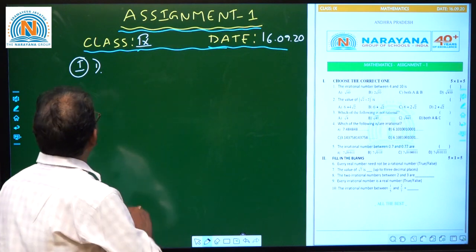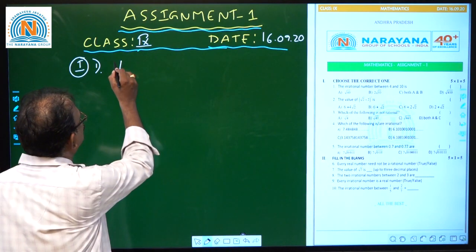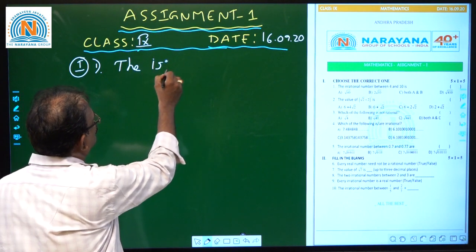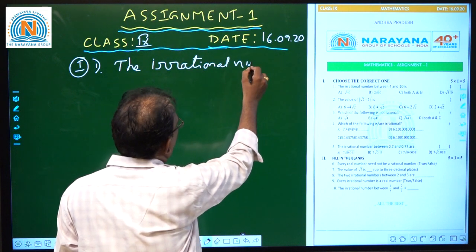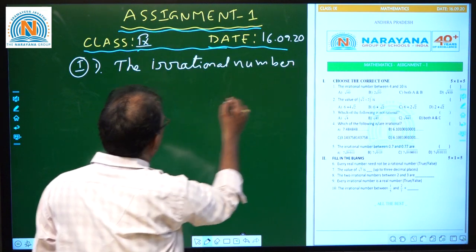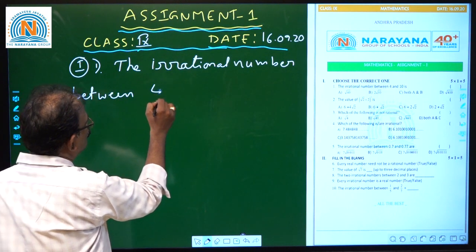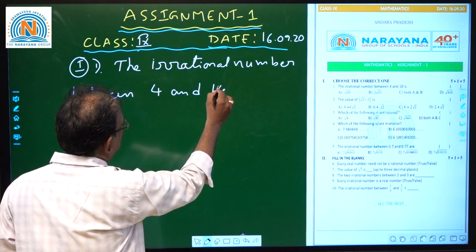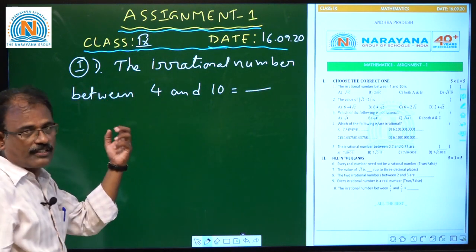For the first one of the first Roman: the irrational number between 4 and 10 is dash. Generally we have a formula, children.